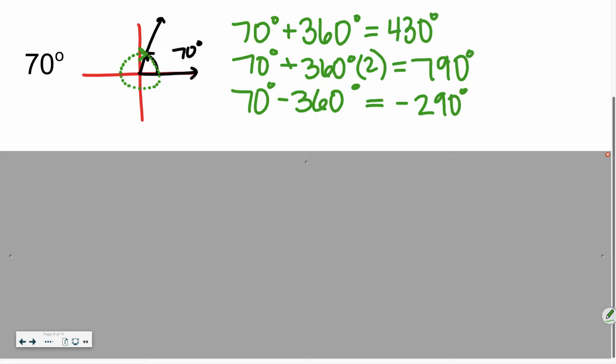Okay, and we could be obnoxious again. We could keep subtracting 360. Okay, I think your book is going to ask for one positive coterminal angle and one negative coterminal angle. So just make sure you add or subtract 360 degrees enough times to be able to get one of each.